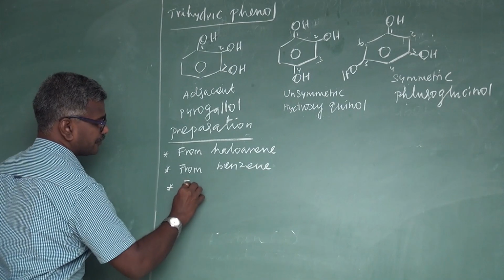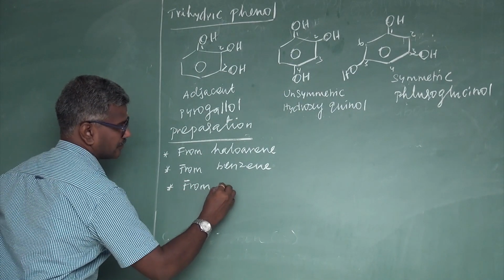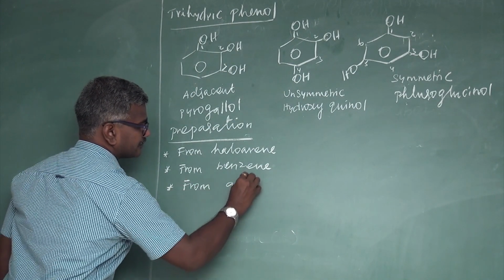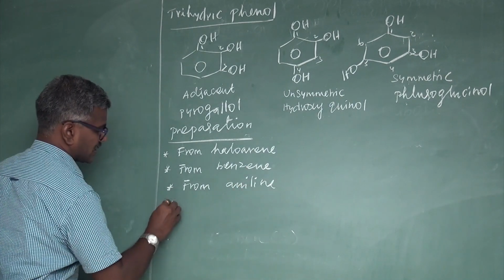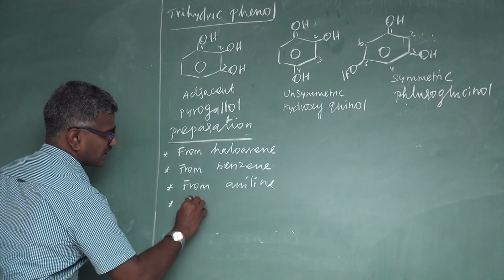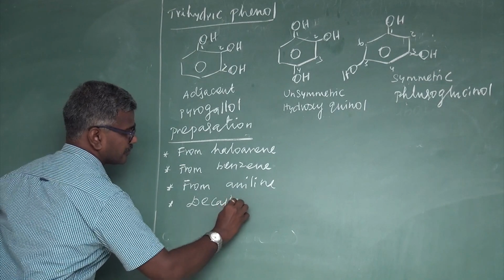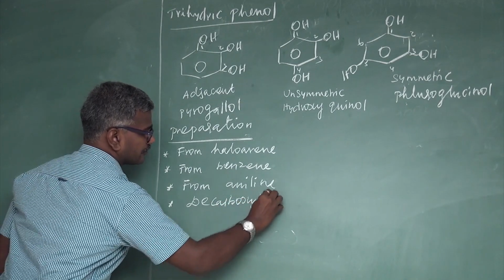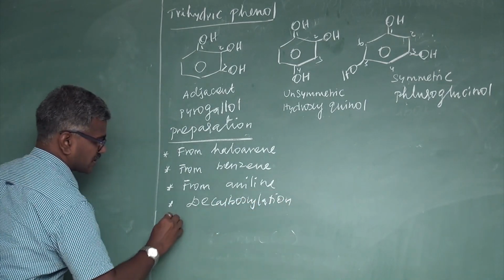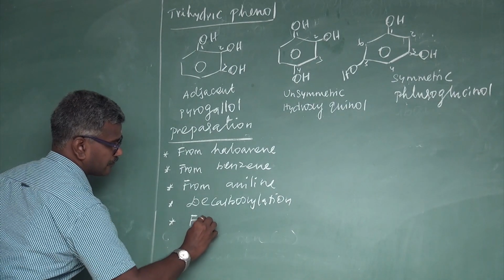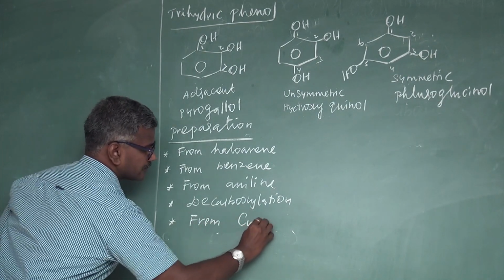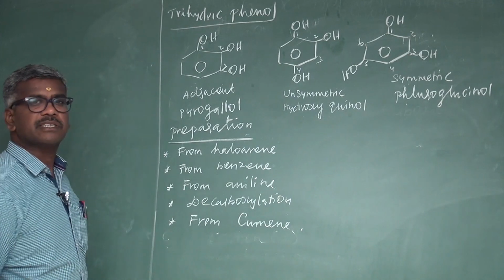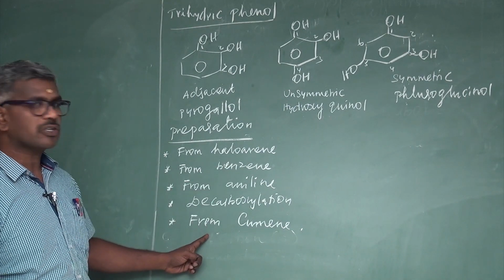Third method, from aniline. Next, decarboxylation. Next, from cumene. These are the methods for preparation of phenol.